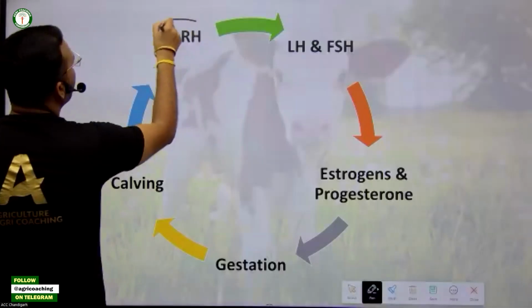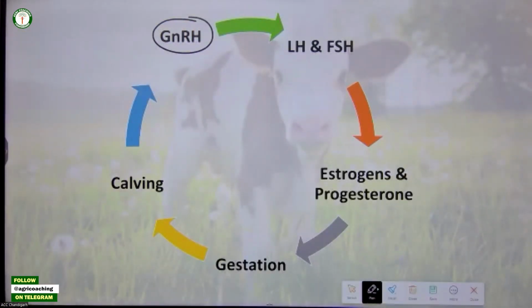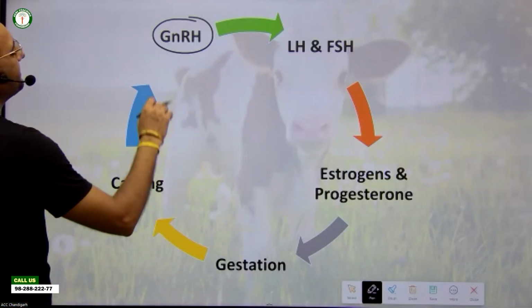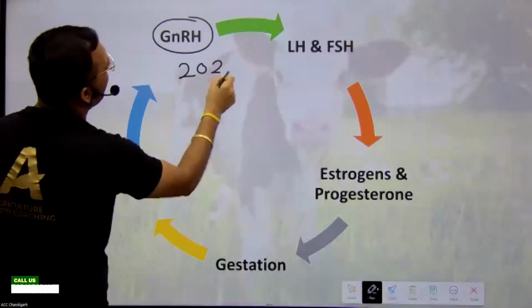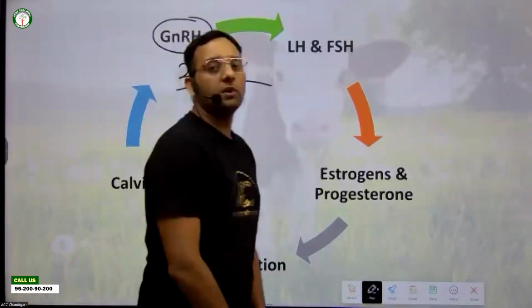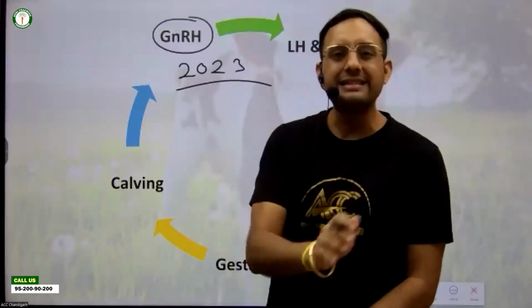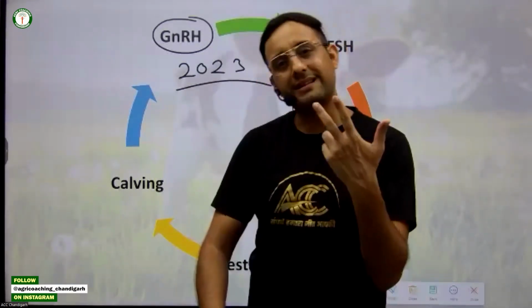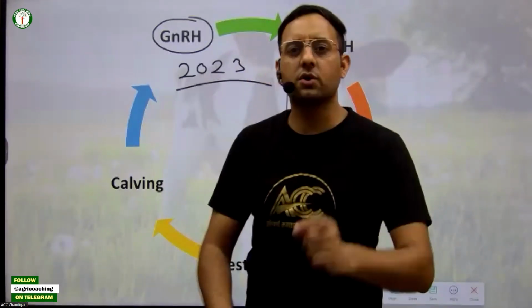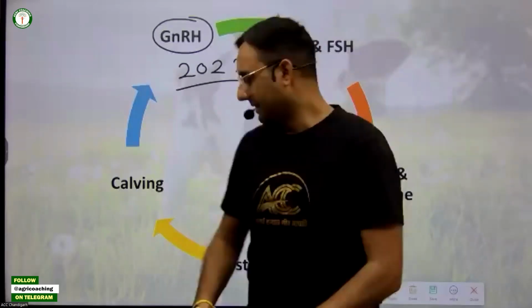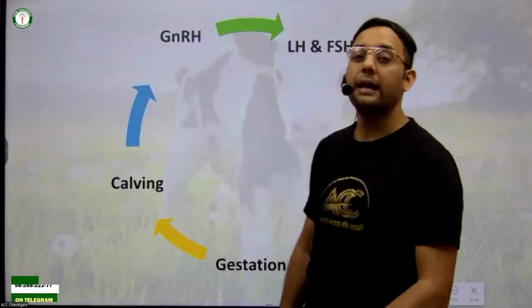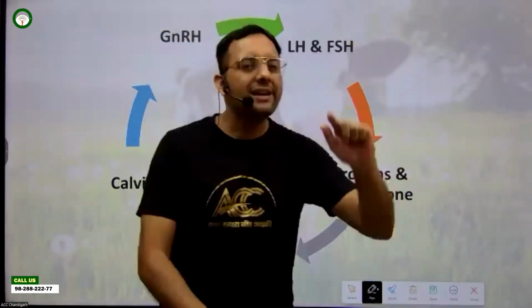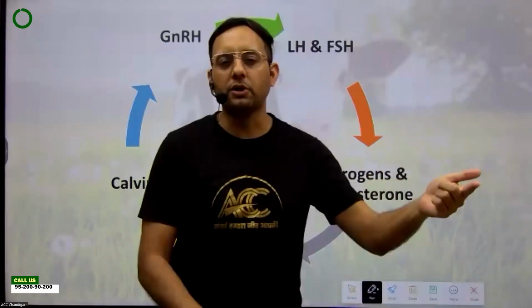Initially, the hypothalamus will produce this hormone. What is it? GnRH. In IBPS AFO 2023, they asked a very simple question: GnRH is produced by, and the answer options included hypothalamus as well as pituitary. So make sure the full form of GnRH is gonadotropin releasing hormone, and it is produced by the hypothalamus.